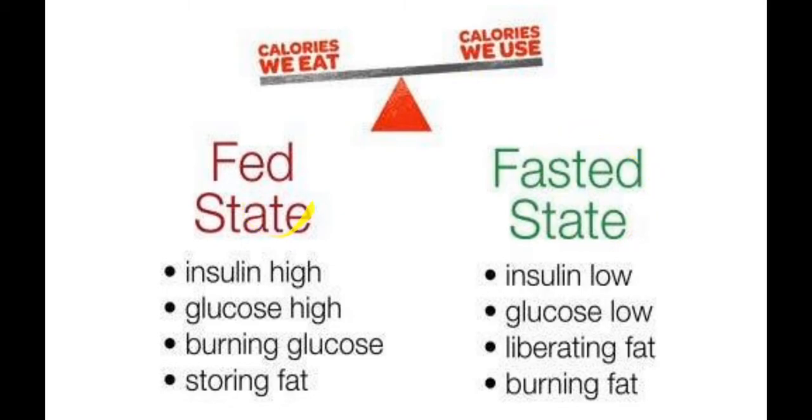In the fat state, insulin is high, the level of glucose in blood is high, and what is happening? Glucose is burning as a source of energy, but the excess of glucose gets stored as fat in fat cells. In the fasted state, insulin is low and glucose concentration in blood is also low.